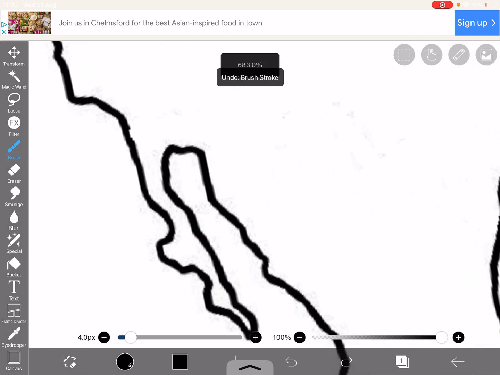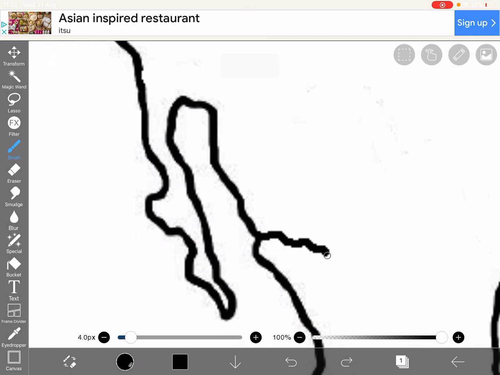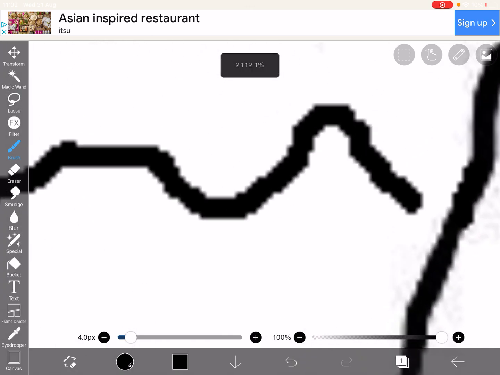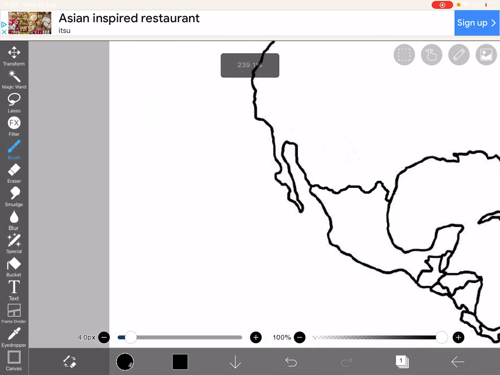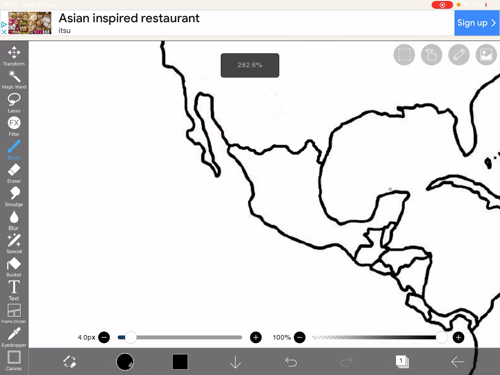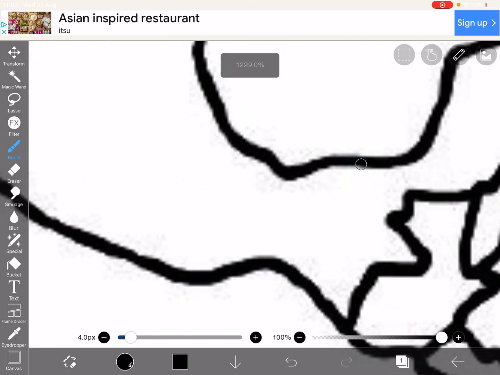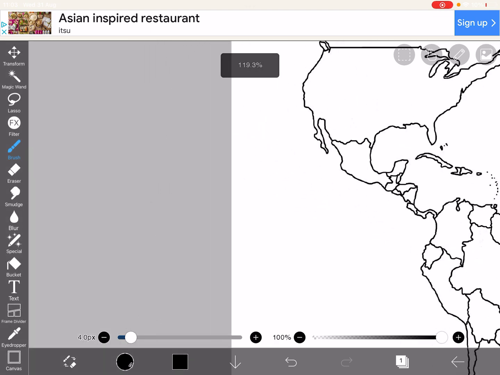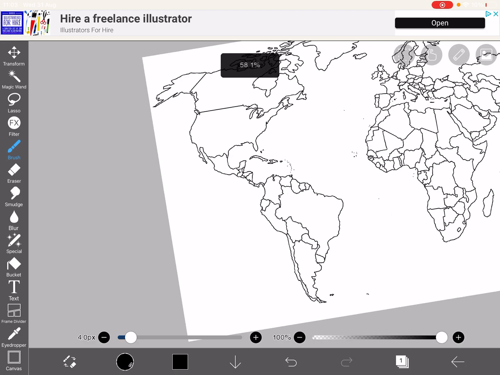Ugly, I know. I could just do something wavy like this. But then that looks really ugly as well. That looks alright. That's fine. And then we also see these guys getting independence as a new country. So now we have New Mexico. That is not their name, but now we have a New Mexico.